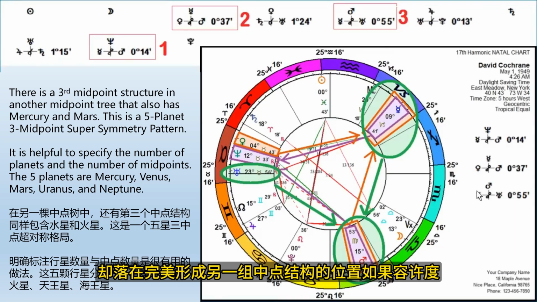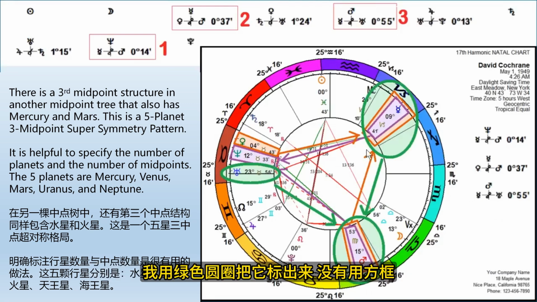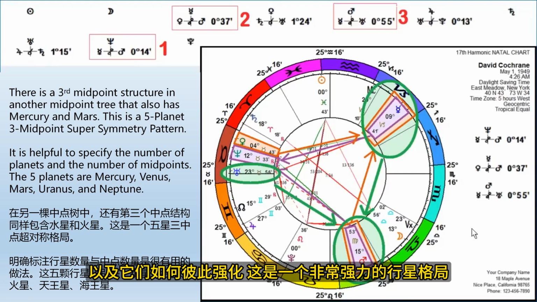Even more perfect is if this orb got smaller, but it's perfect enough to get a third midpoint structure. I've shown that one with green, with circles instead of rectangles, just because it gets hard to draw these things. You end up with a mess. So I've tried to draw this in a way that you could see all 3 midpoint structures, the purple one, the orange one, and the green one, and how they reinforce each other.